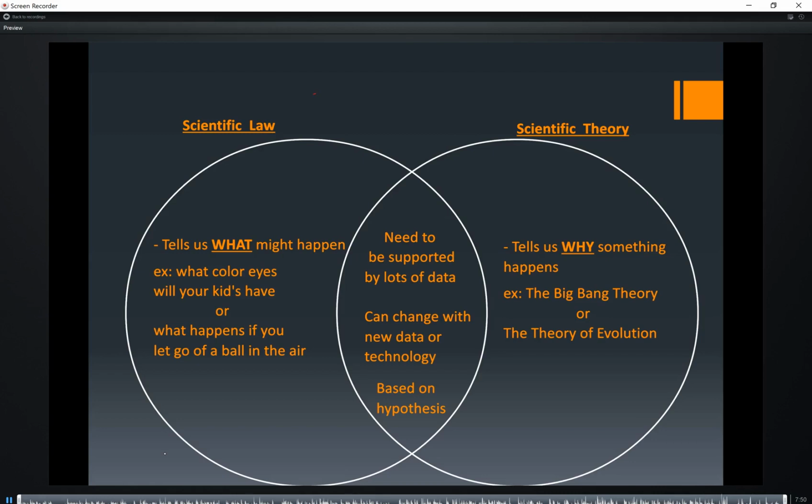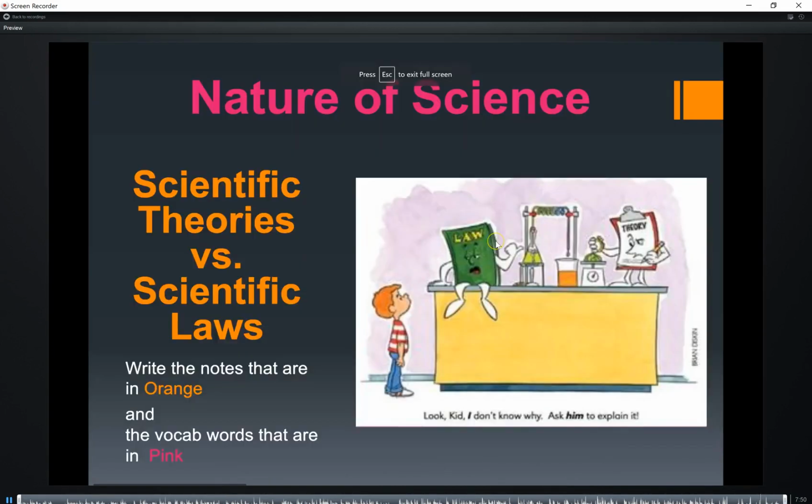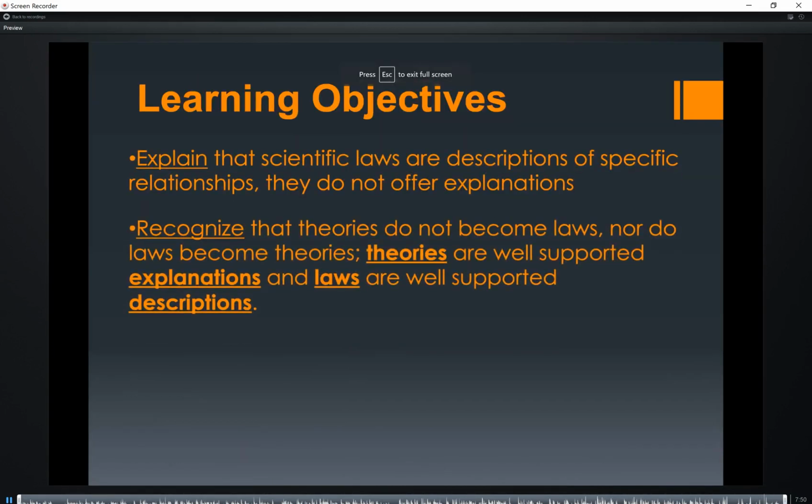So the scientific law describes, and the theory explains. So I would add that in there. Okay. Laws are descriptions, theories are explanations. So that answers that question.